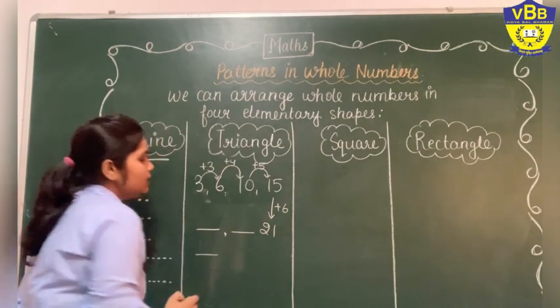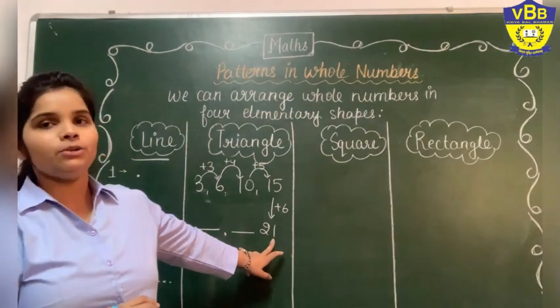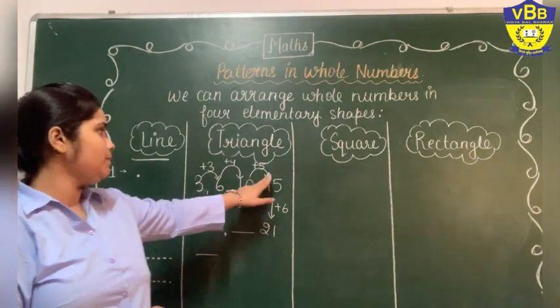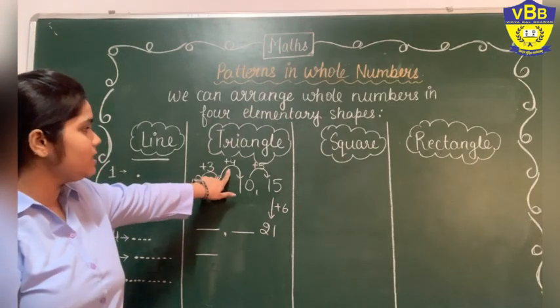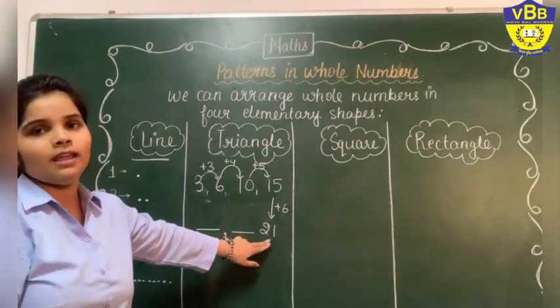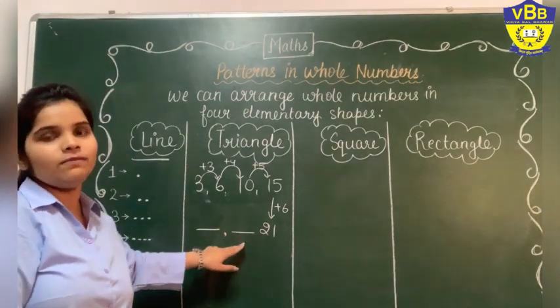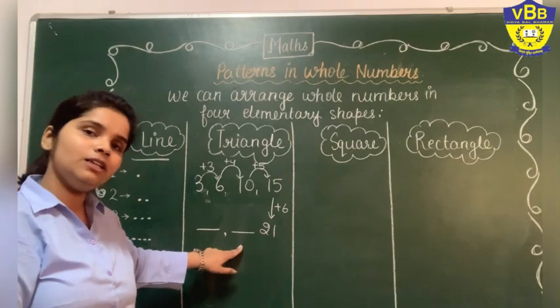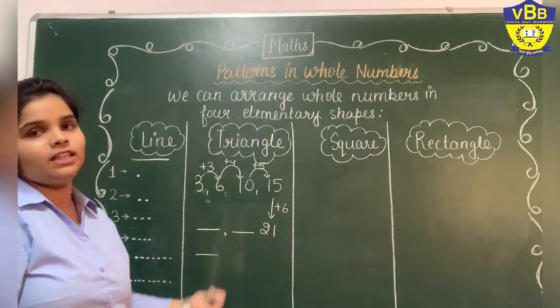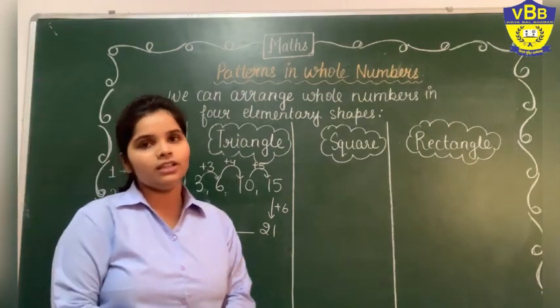What will be the 3 next triangular numbers after 21? You need to follow this pattern only: plus 3, plus 4, plus 5, plus 6. Now 21. After that you will do plus 7, so 21 plus 7 will be the next triangular number. After that you will do plus 8, plus 9, and you will get the triangular numbers.